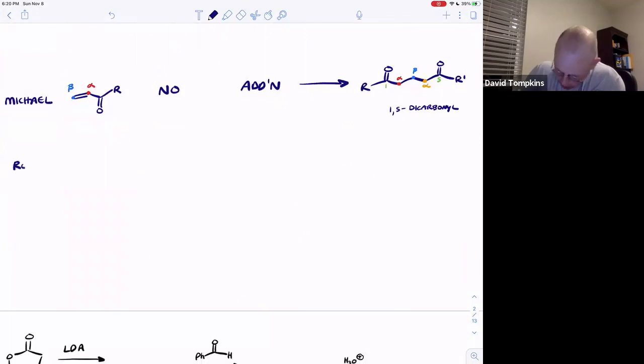Towards the end today, we'll talk about another named reaction that's really nothing new, the Robinson annulation. And the Robinson is a Michael addition followed by an intramolecular aldol condensation.